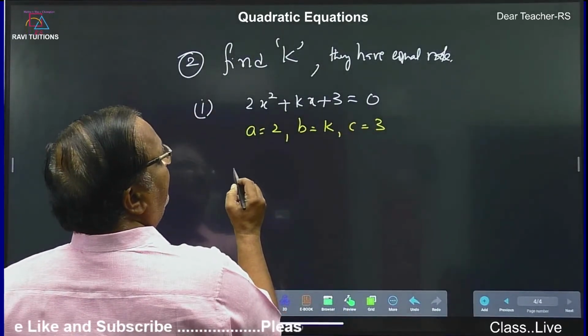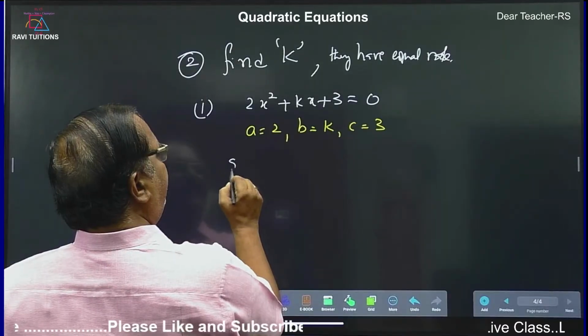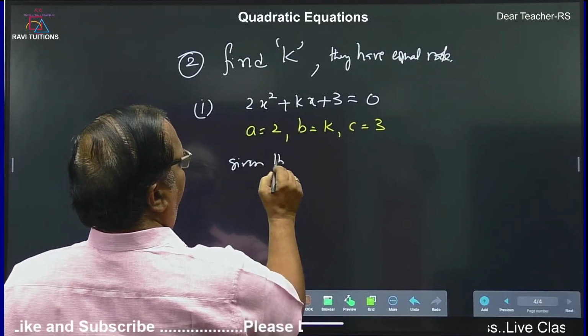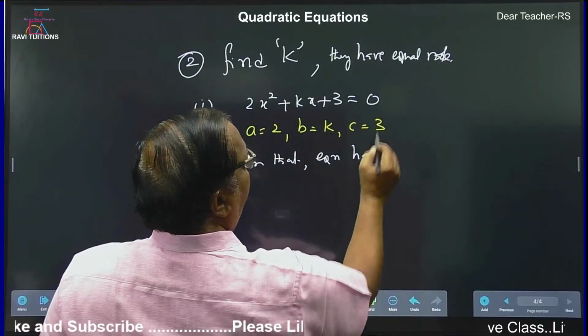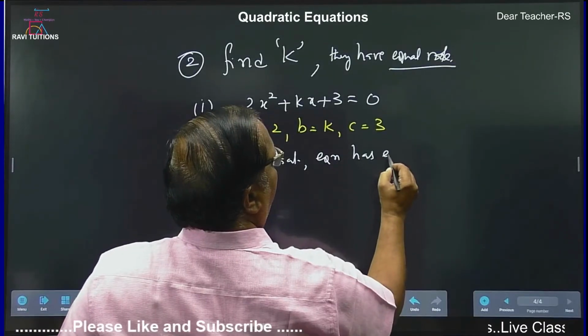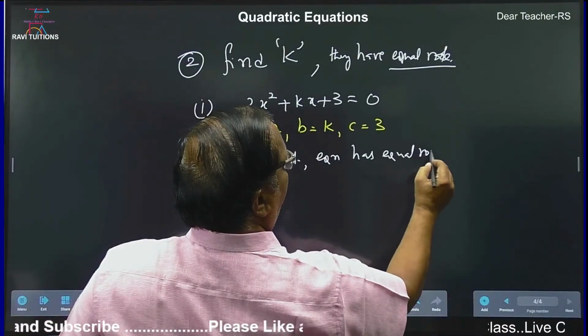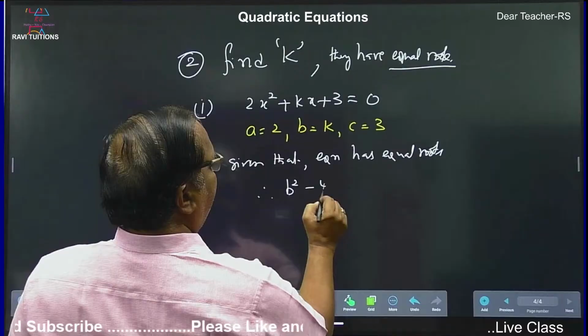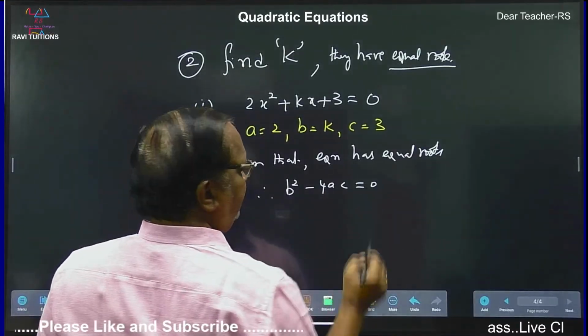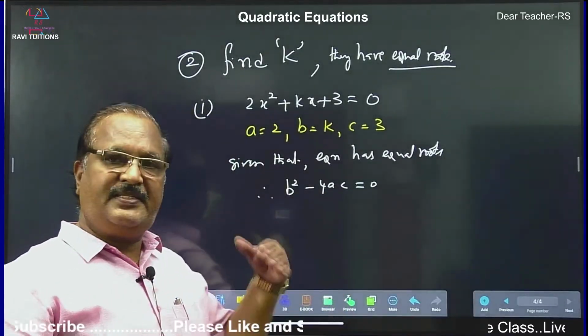So now, given that the equation has real, equal roots. Therefore, b square minus 4ac is equal to 0. Equal roots means it is equal to 0.